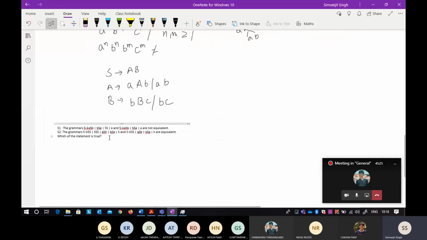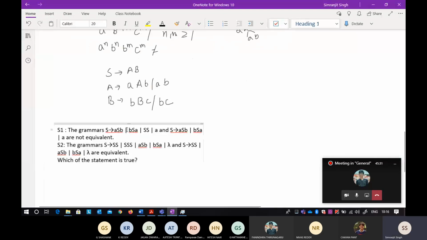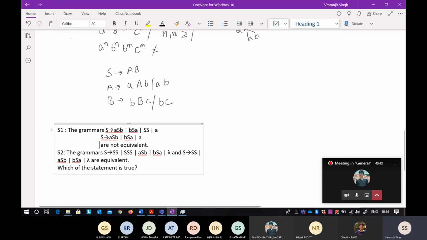If I just increase the size and arrange it in a better way, this is your first grammar, and this is your second grammar, and it is saying that these two are not equivalent.